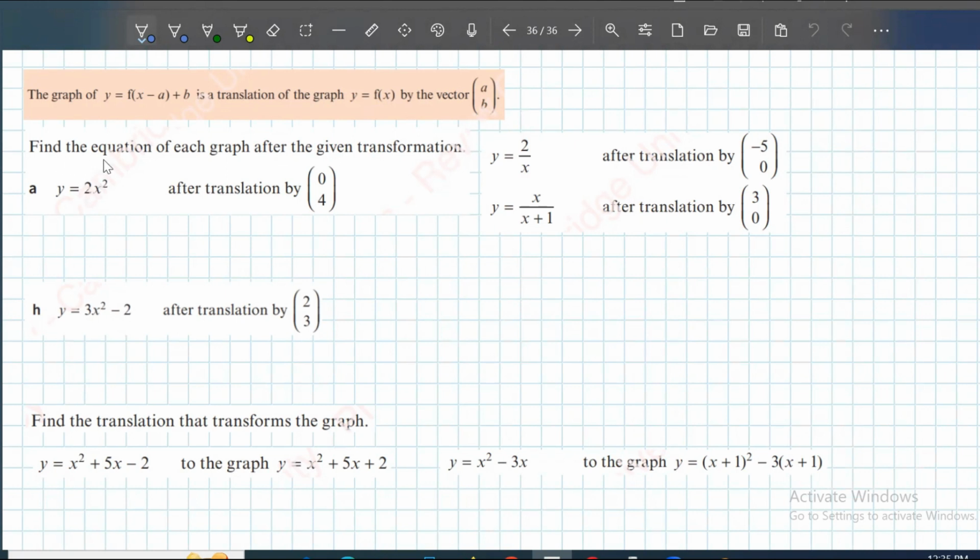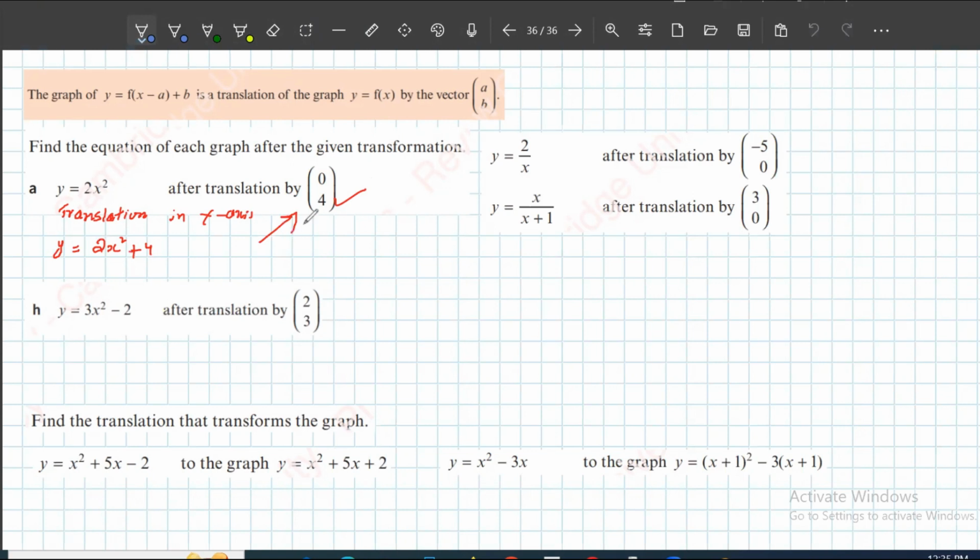For example, find the equation of each graph given the transformation. So we know these are translations. In part A there is only a translation along the y-axis, and this will affect y is equal to 2x squared plus 4 only.